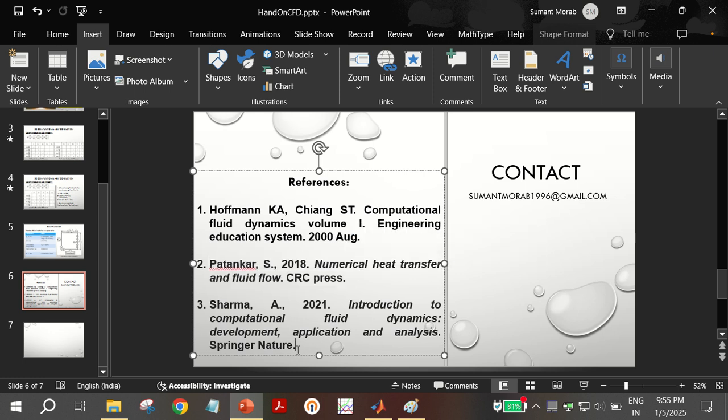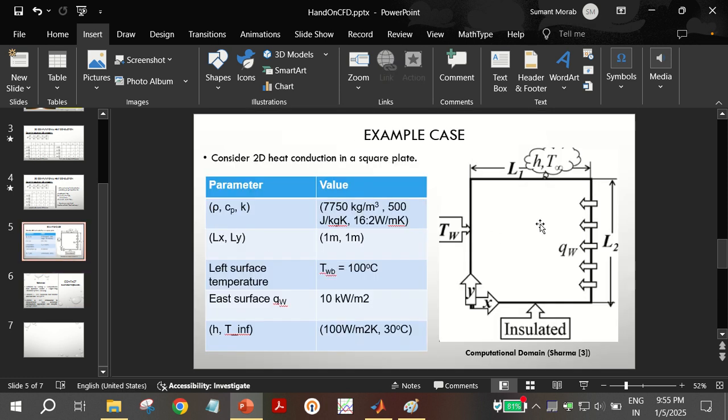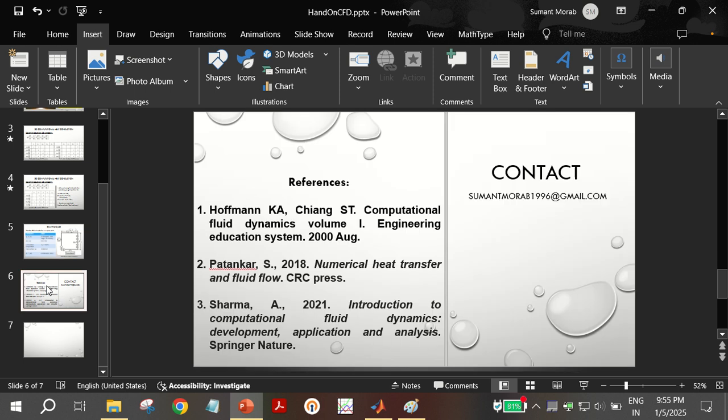And the third book is by my supervisor itself, but this book provides very new insights into computational fluid dynamics. It gives the physical insight. Just as an example, if you have some constant heat flux, you should be seeing a constant slope. So it gives a physical intuition behind all this number crunching. If you are interested in those aspects, you can also go through this book, and you can contact me if you have any queries.